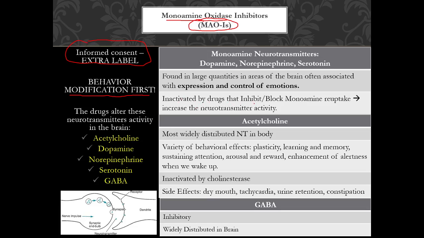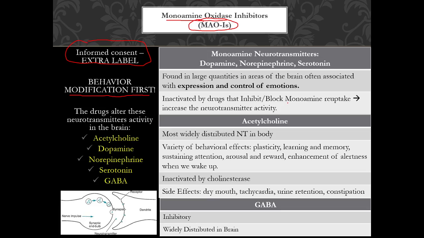These are inactivated by drugs that inhibit or block monoamine reuptake. So that increases that neurotransmitter activity. Acetylcholine is the most widely distributed neurotransmitter in the body.